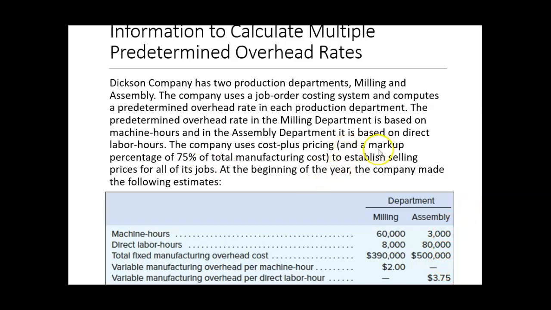In addition, the actual selling price of these items will be a markup of 75% of the total manufacturing cost. So when we get to that point, remember that to determine the sales price is going to be a markup of 75% of the total manufacturing cost.